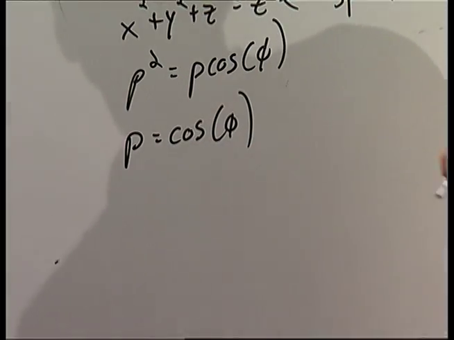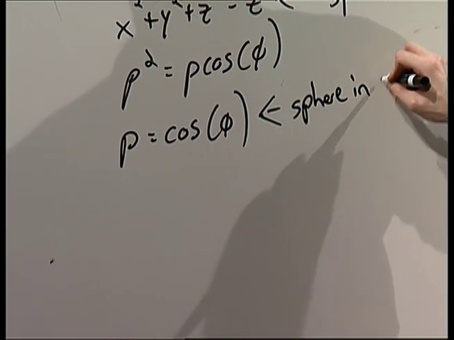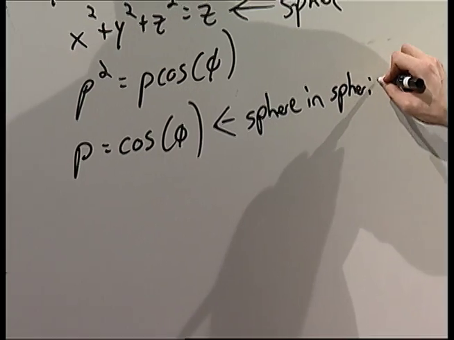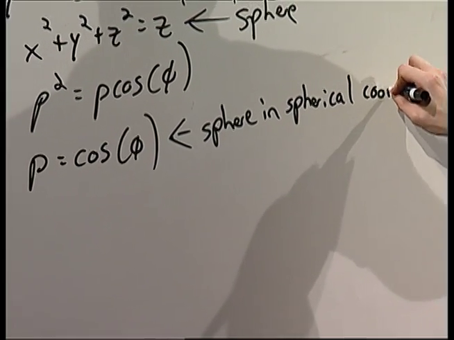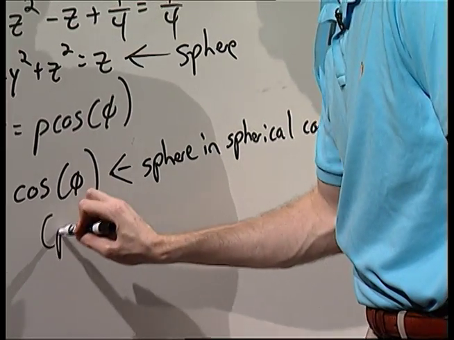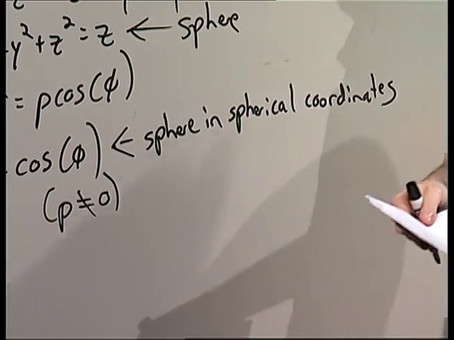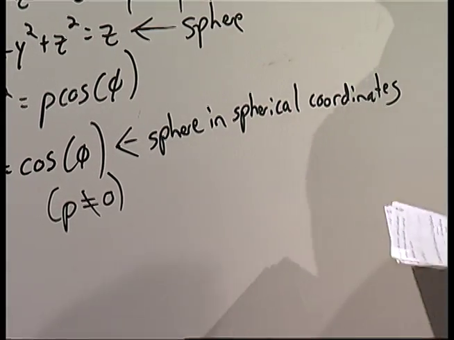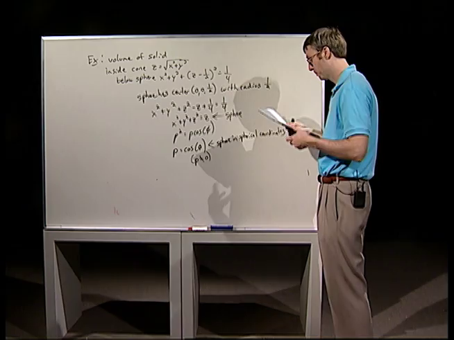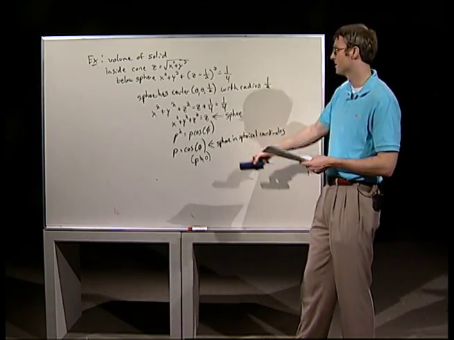So there is your sphere in spherical coordinates. This is rho not equal to 0, because you can't divide by 0. So the sphere is done.